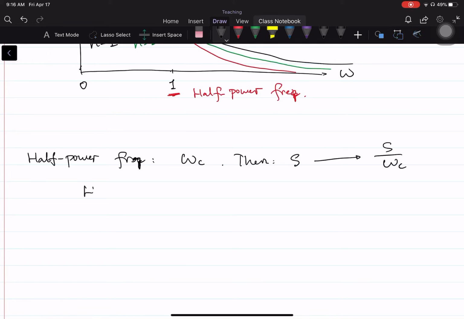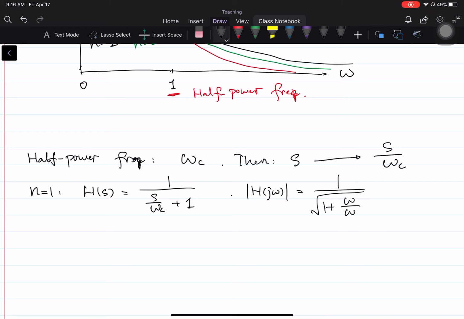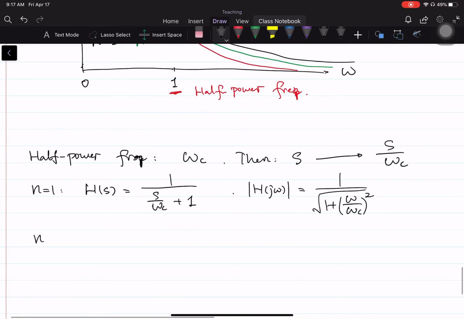And that means, let's say if you have n equal to 1, the transfer function will be 1 over S over omega c plus 1, right? The frequency response function, the magnitude, is 1 over square root of 1 plus omega over omega c squared. And let's do another example, n equal to 2.